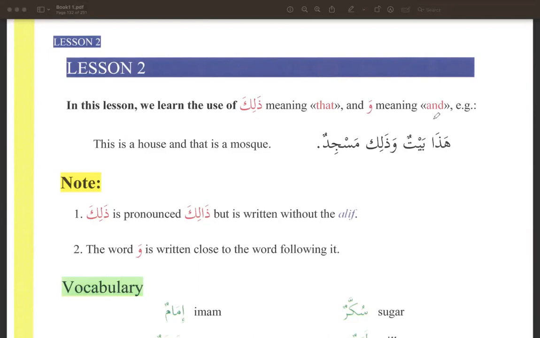Okay, again, هذا refers to something close, whereas ذلك refers to something at a further distance. Yeah, hasub. Ha with the big ha.